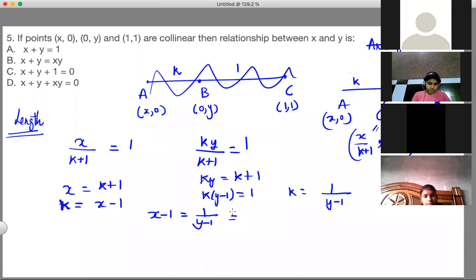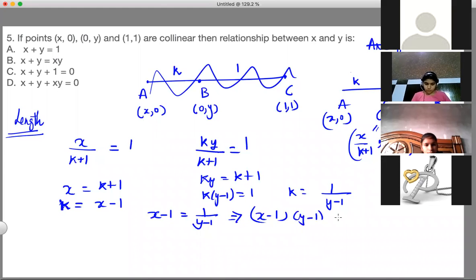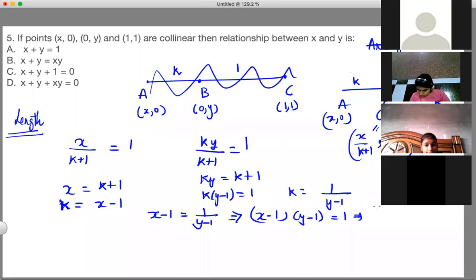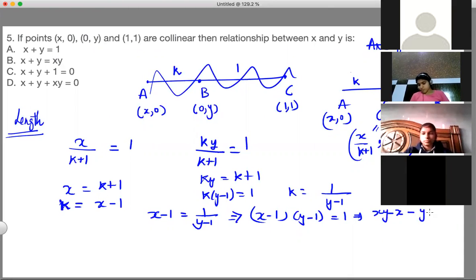Which will give us x minus 1 into, sorry, y minus 1 is equal to 1, which is xy minus x minus y plus 1 is equal to 1.